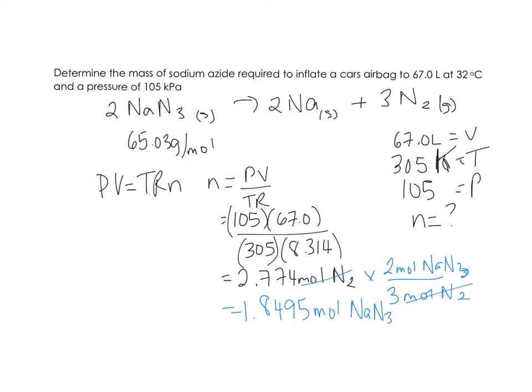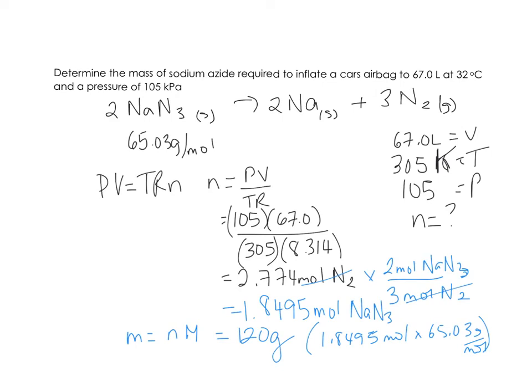Multiply that by the molar mass, and it's approximately 120 grams of sodium azide, because we took 1.8495 and we multiplied it by 65.03. So you can do a lot of calculations using the ideal gas law.